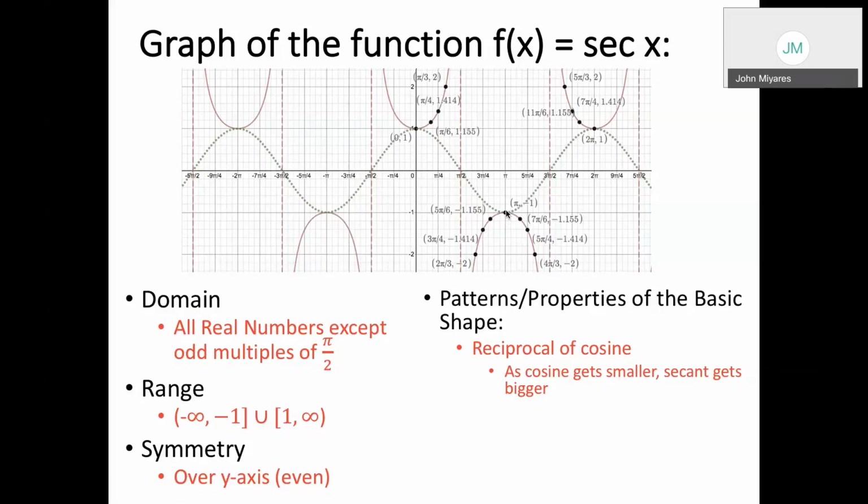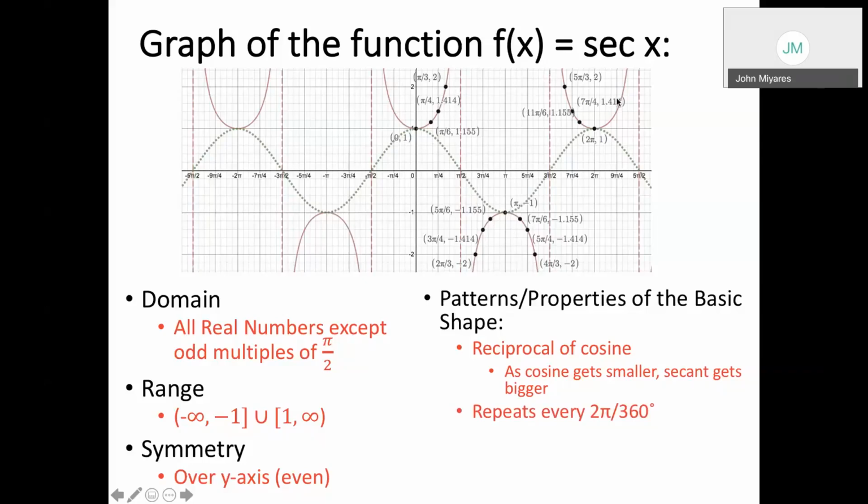Oftentimes, when I'm asked to sketch a graph of a secant function, I first look at the cosine graph and know I can get the basic shape of the secant by drawing these patterns away from the cosine humps, knowing that they touch each other at y equals 1 periodically, or y equals -1. The cyclical pattern is going to repeat itself every 2 pi radians or 360 degrees, where you have something that looks like an upward opening parabola here, followed by this downward opening parabola, and then it's going to start itself over again.